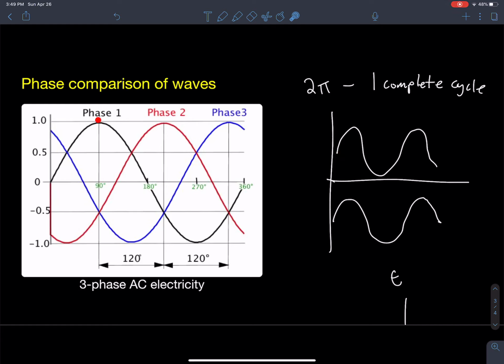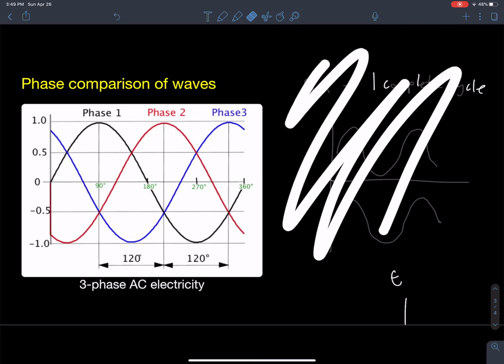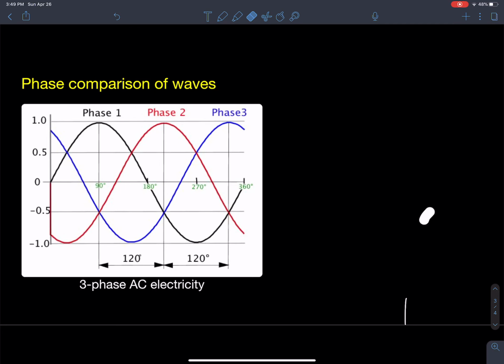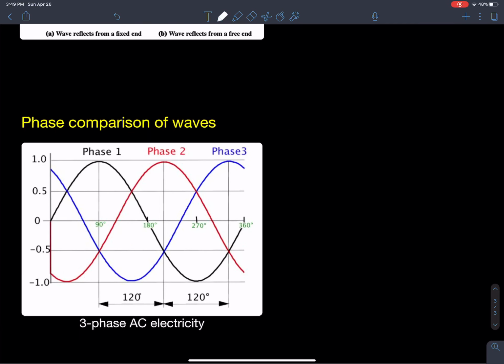So if I look at these different wave patterns, they're not 2 pi, they all start at different places. So what is their relationship in terms of phase? If it's a 120 degree difference, I can figure out the phase difference by figuring out how many pi radians they are different from each other.